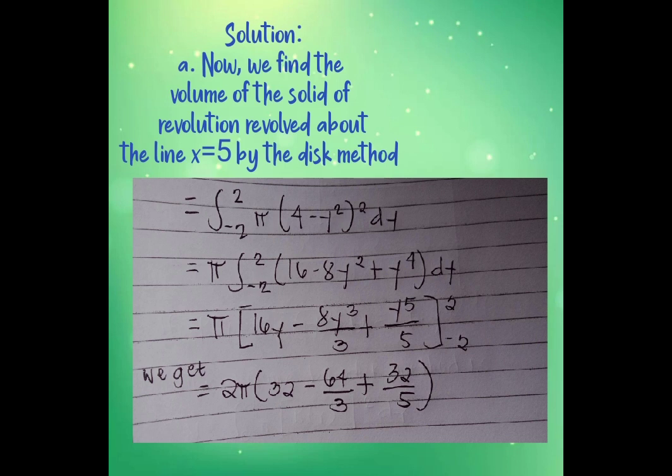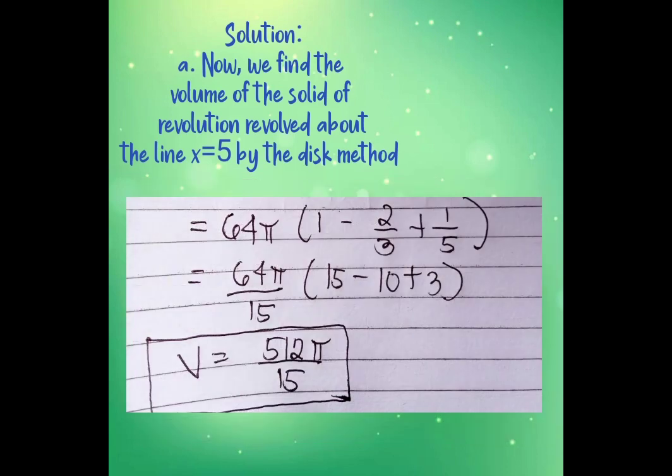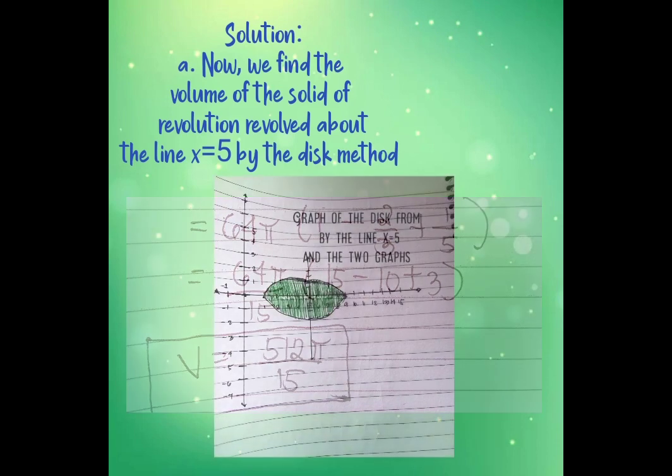By substituting 2 and negative 2, we get 2 pi times 32 minus 64 over 3 plus 32 over 5. By multiplying 2 by 32, we have 64 pi times 1 minus 2/3 plus 1/5, which is equal to 64 pi over 15 times 15 minus 10 plus 3. Simplified, the volume is equal to 512 pi over 15.